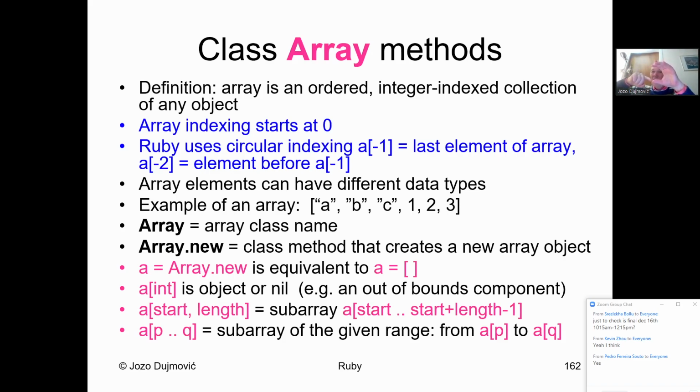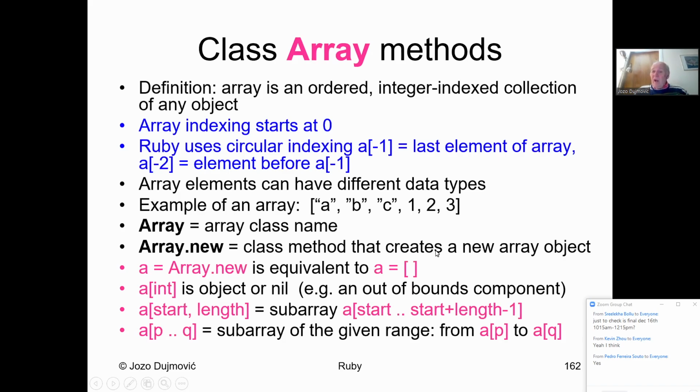But if you start with -1, you get n-1. With -2, n-2, n-3, n-4. So with negative indices, you can go from the last component to the first. So you can go either from the first to the last or from the last to the first with negative indices. Array elements can have different data types, same as in Scheme. We can have heterogeneous data types inside array.